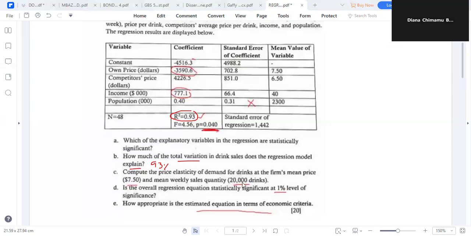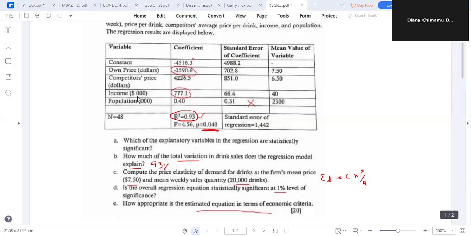We want to go to price elasticity of demand. We calculate it as the coefficient of price times the actual price over the quantity. So what is the coefficient for price elasticity?